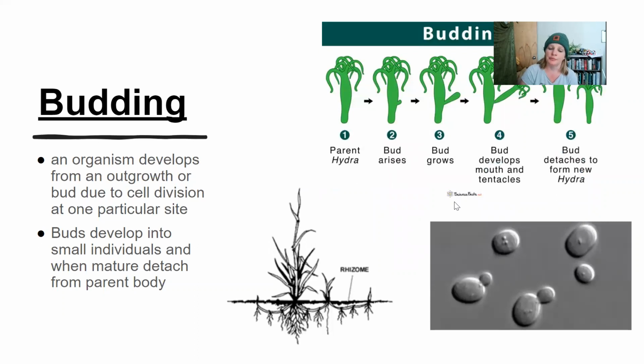We can also see budding in some of these eukaryotes. A good example is plants that asexually reproduce through rhizomes. Aspens do this. The creosote bush down in the Sonoran Desert and Phoenix area forms huge clones that are tens of thousands of years old and reproduce through these underground stems.